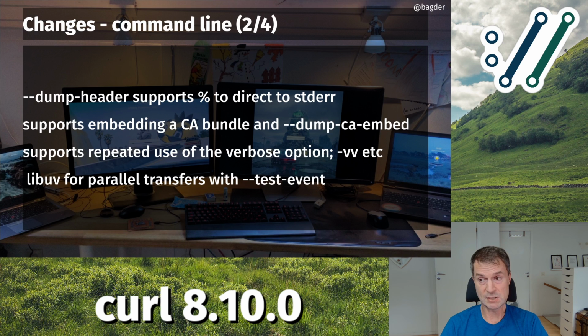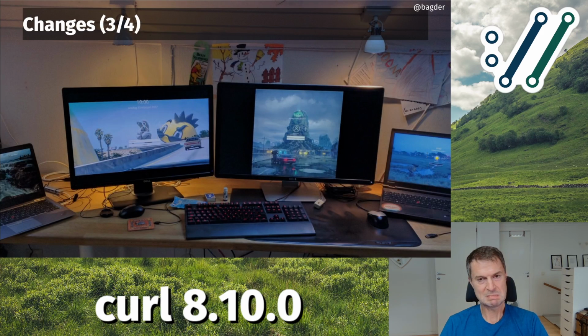And now you can use that when you do parallel transfers, and then we use this dependency called libuv, which is more or less an event library. Anyway, if you're developing curl and you want to work more with the event-based API, this is an excellent way for us to exercise and test curl better manually.